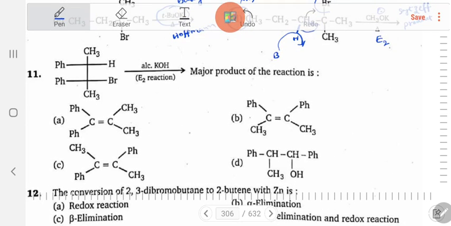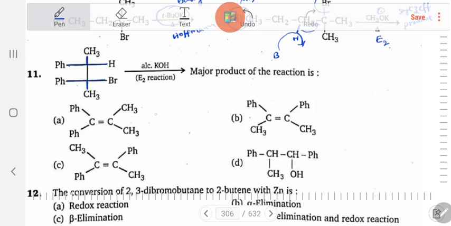With alcoholic KOH, if it obeys E2 elimination, what is the major product? Given the Fischer projection, let me convert this Fischer projection to a Sawhorse projection. Those which are vertical must be away from the viewer, below the plane. Those which are horizontal are above the plane. So both CH3 groups must be below the plane and the remaining groups must be above the plane.